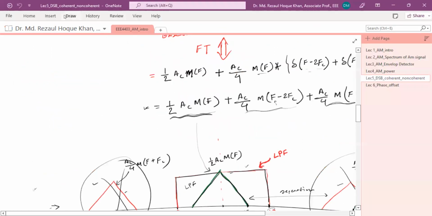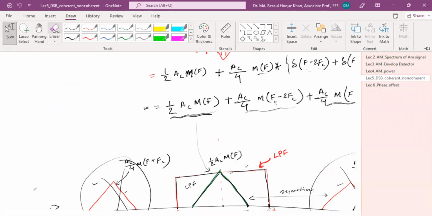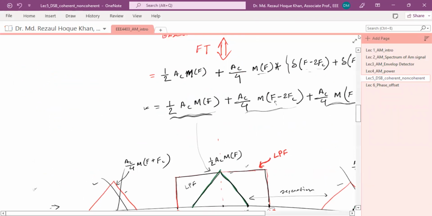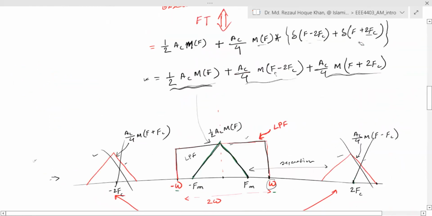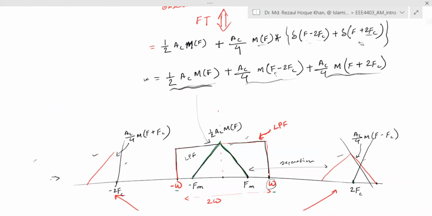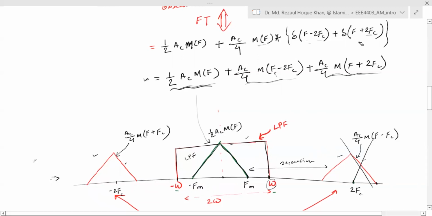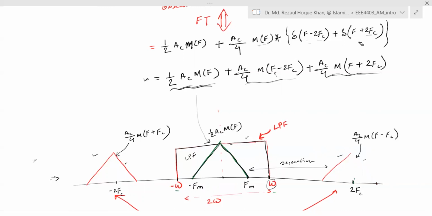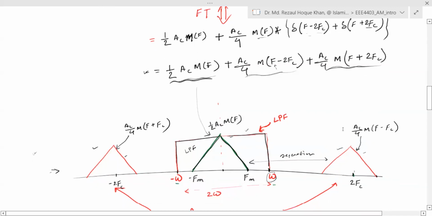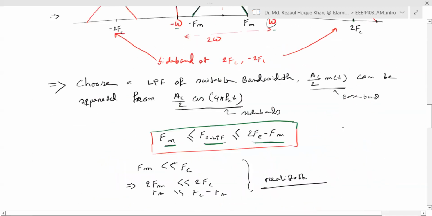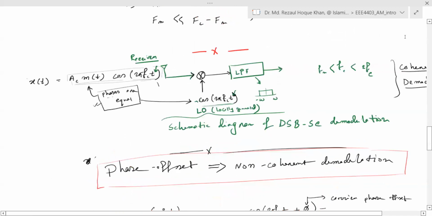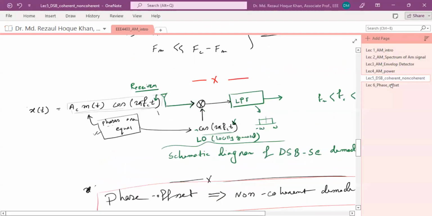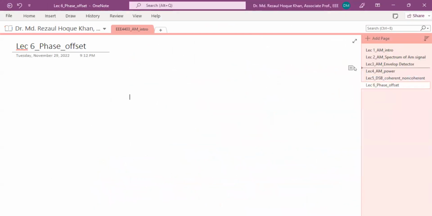So today's topic of the lecture is phase offset.